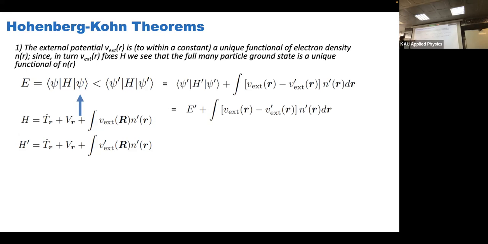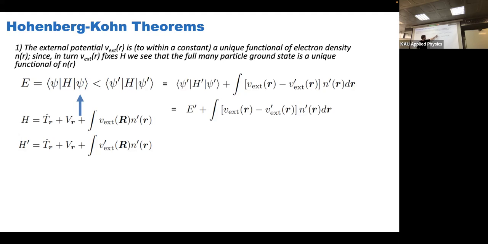I want to take H. It will be H prime plus V external minus V prime external, multiplied by n(r), integrated over r. I just took the original Hamiltonian from the primed Hamiltonian of the other system.